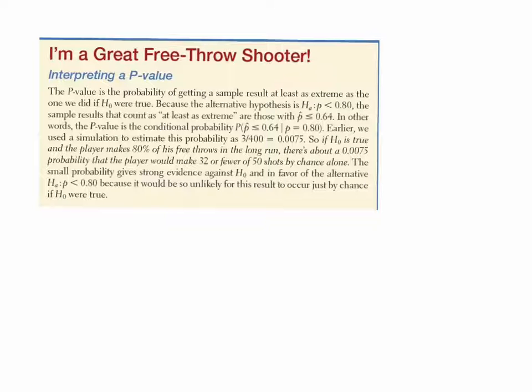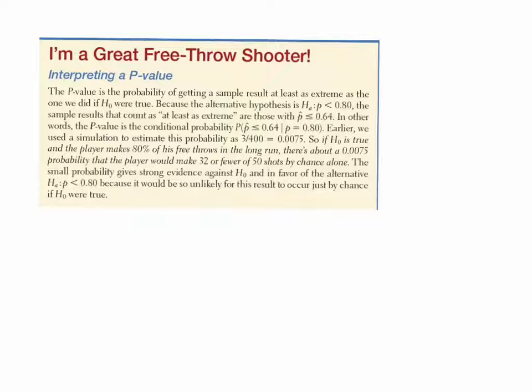Okay, interpreting the p-value. This is just what I was saying. We're looking at that basketball player, and the null hypothesis is 0.80. Earlier we used a simulation to estimate the probability.